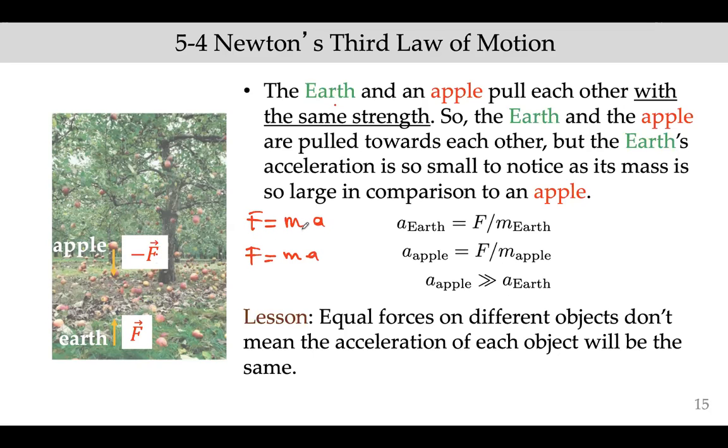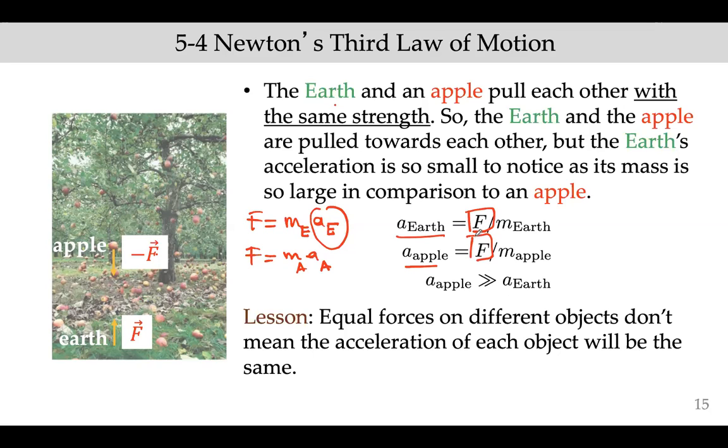We have the Earth's mass and the Earth's acceleration, and the apple's mass and the apple's acceleration. Now I'm going to write it for the acceleration. The forces are the same. So for the acceleration, it is force divided by the Earth's mass, and for the apple, again, the same force. These are the same numbers.